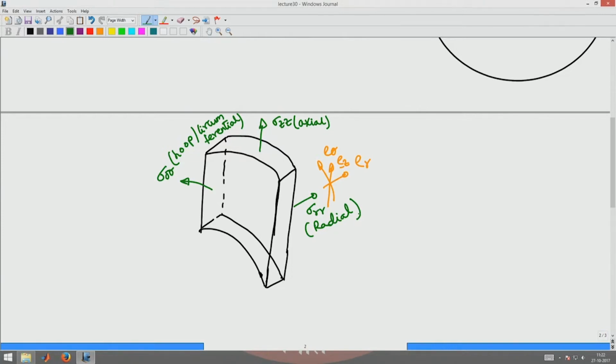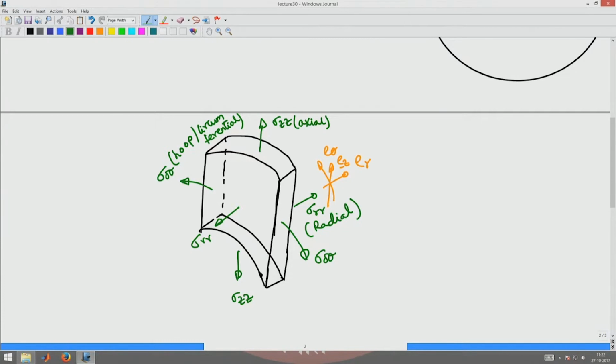Correspondingly, for the negative basis you will have this as sigma ZZ, you will have this as sigma theta theta and this would be sigma RR on the respective other side of the cut surface.